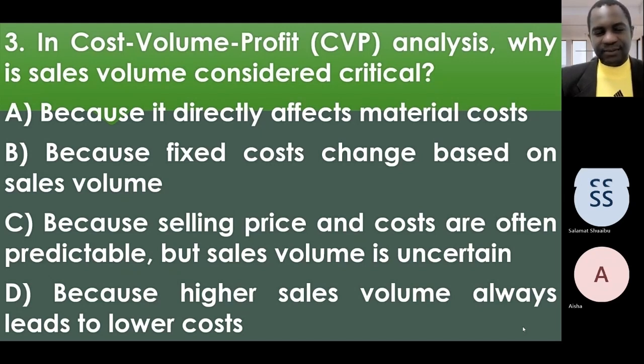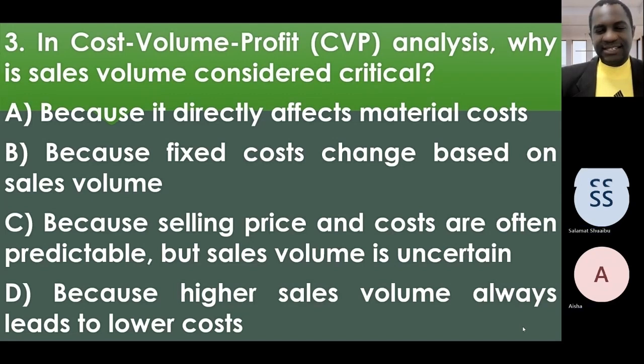D, because higher sales volume always leads to lower costs. I'll go with C. You can't really estimate the volume of sales. It's uncertain.